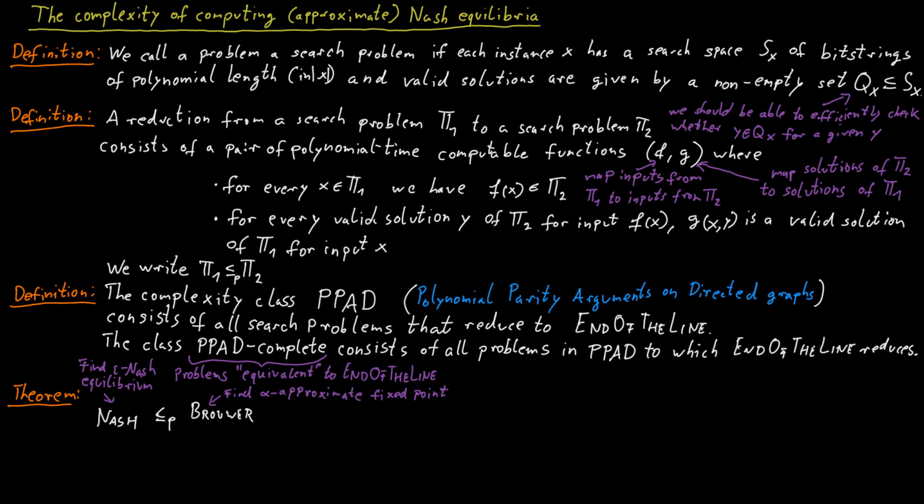When I say this, I should be slightly more precise on what this problem Brouwer really means, because how do you even encode an arbitrary continuous function as an input to a computer? Well, you can't. So you need to discretize the domain of the function.